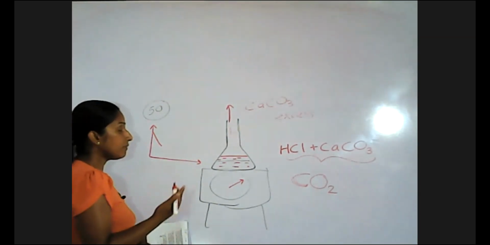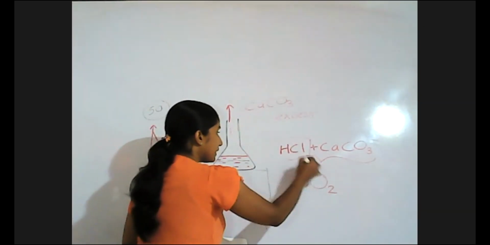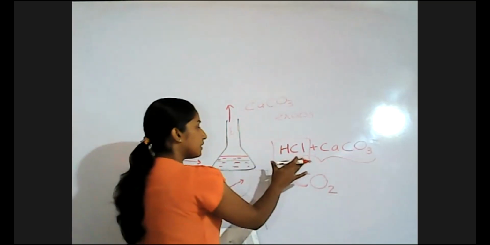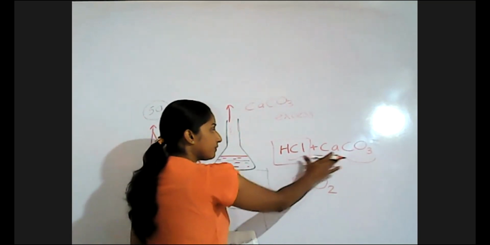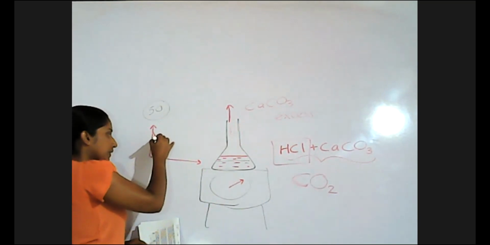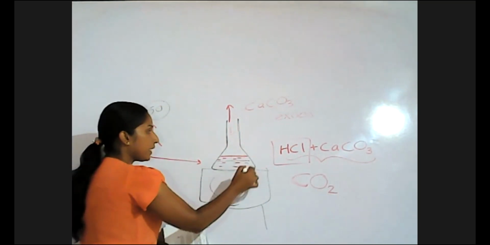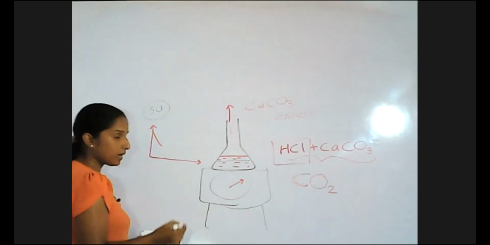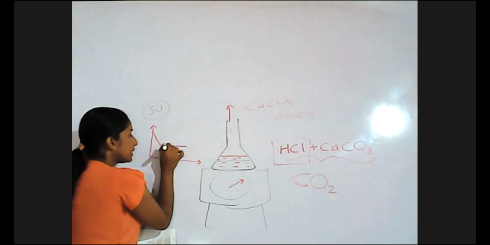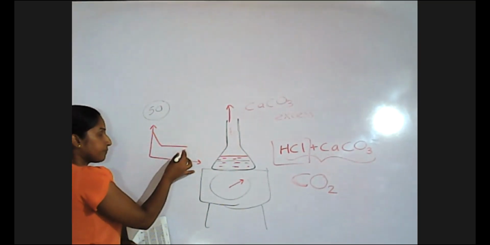We add calcium carbonate in excess amount, but only a limited amount of HCl is there, Pute. After all the HCl reacts with calcium carbonate producing carbon dioxide, the balance reading reduces up to that point. Then only the excess calcium carbonate remains in the conical flask, so the balance reading remains constant.